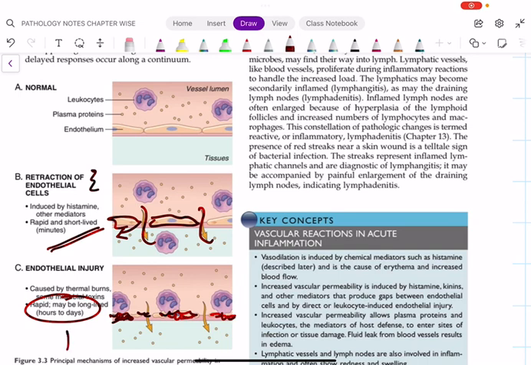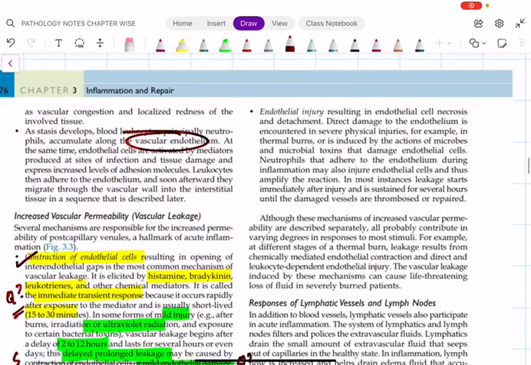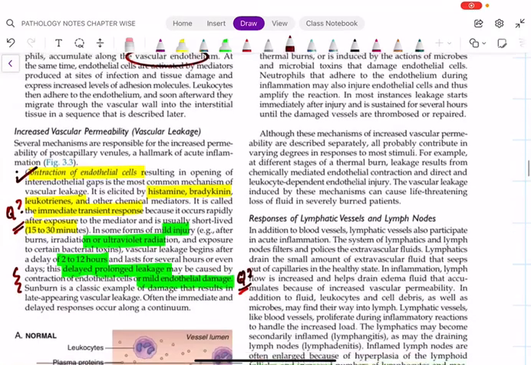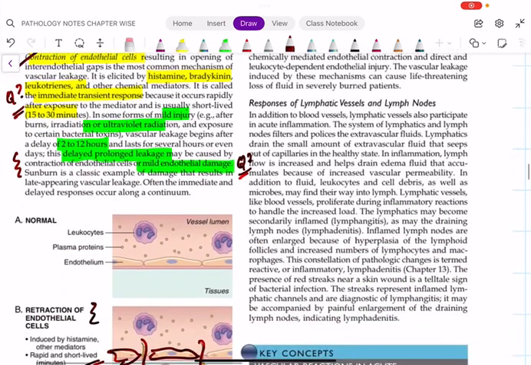This is long-lasting, this is short-lived. I have already told you about endothelial injury: in thermal burns, there will be direct endothelial injury. So this is about the vascular vessels. Similarly, the lymphatic vessels and lymph nodes will also respond, but that is not that important here.